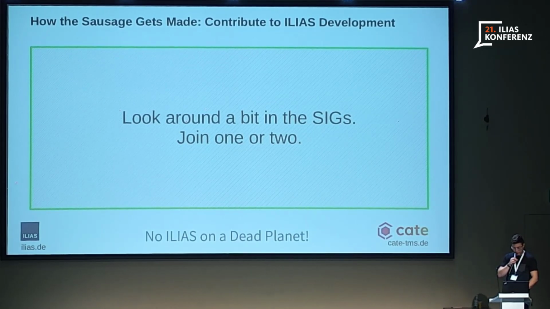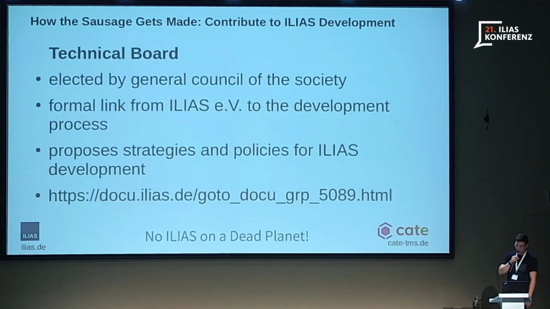The next committee I want to talk about is the technical board. I want to cover it quickly because the technical board always comes up when it's about ILIAS development, so I think I need to introduce it. We are five people elected by the General Council of the Society every two years.